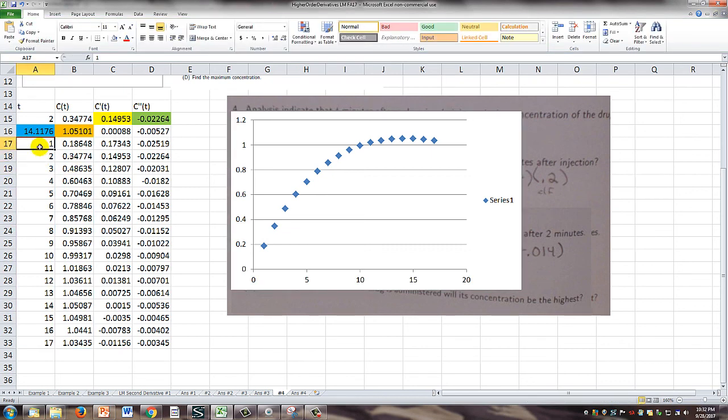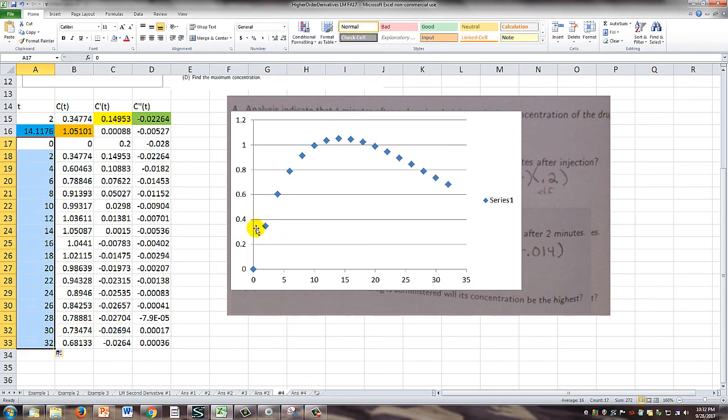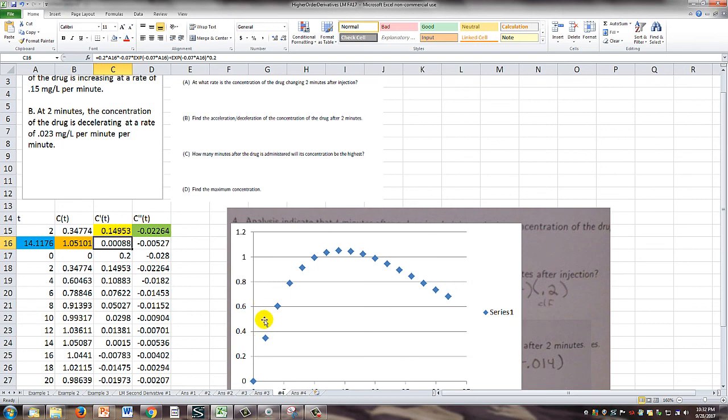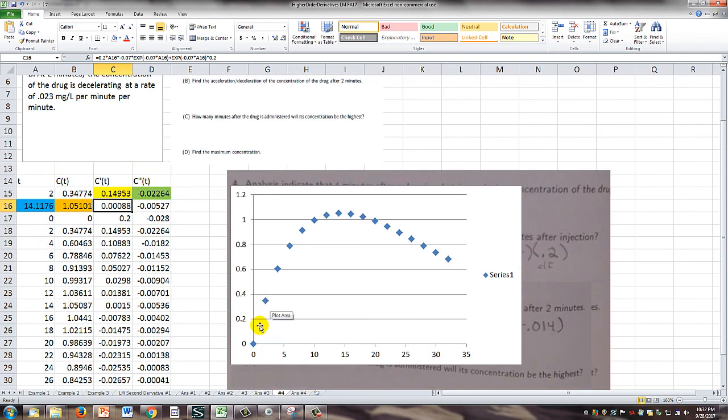Okay, let's count by twos, and the graph will change for us. There we go. So we can see that we thought the maximum occurred around 14.12 minutes, and that sure looks like it to me. And you can see the concave down graph, and at 2 minutes, which is right here, it's increasing, but at a decreasing rate. See the concave down? So this is actually deceleration right here.